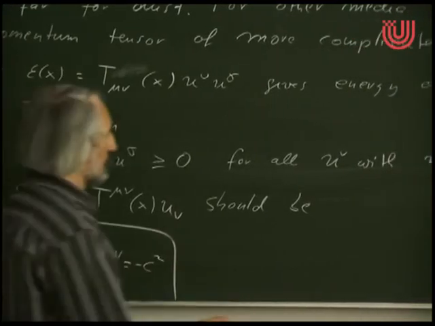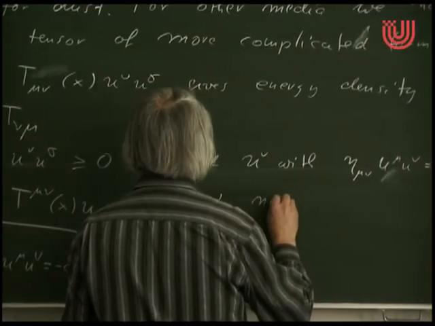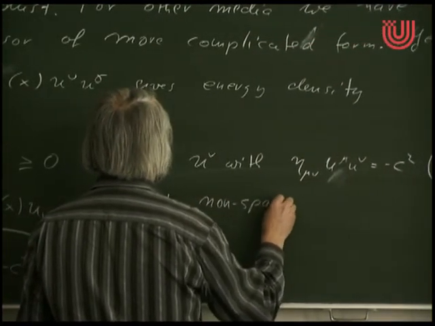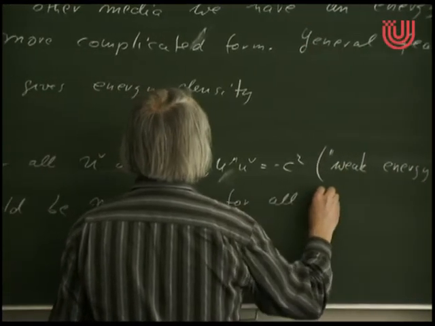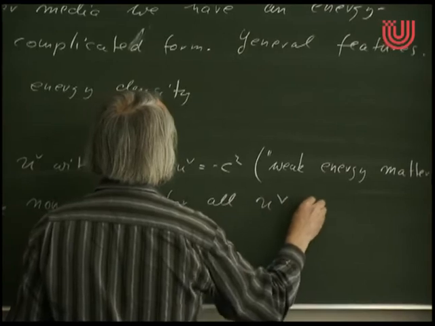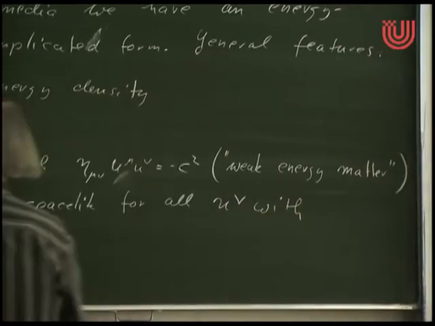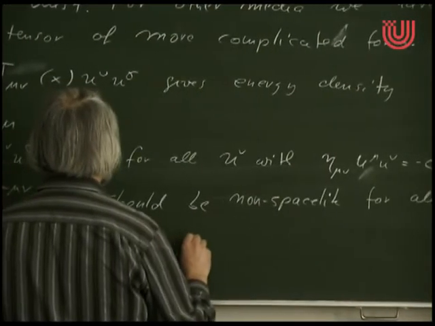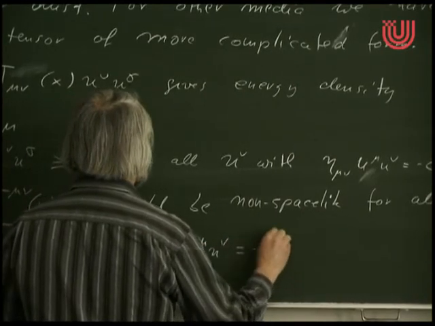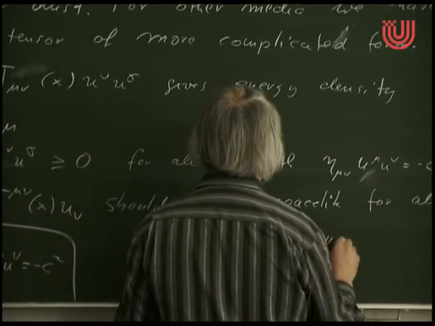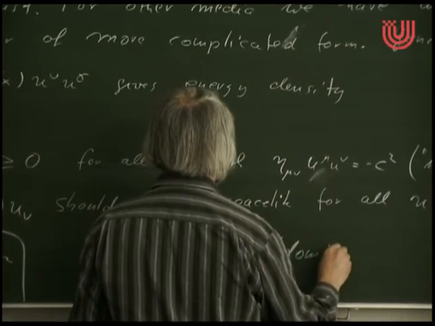But it should not be space-like, it should be non-space-like. And again, for all u^ν with η_{μν} u^μ u^ν = -c², and that's what people call the dominant energy condition.